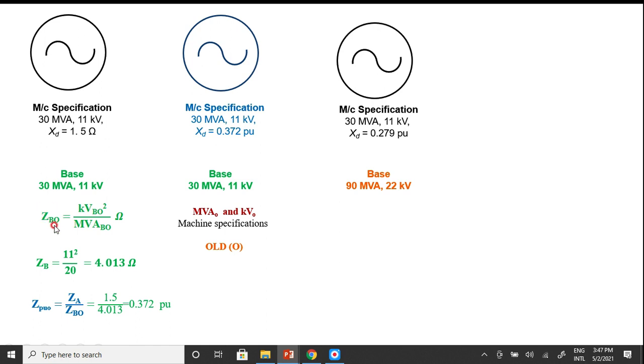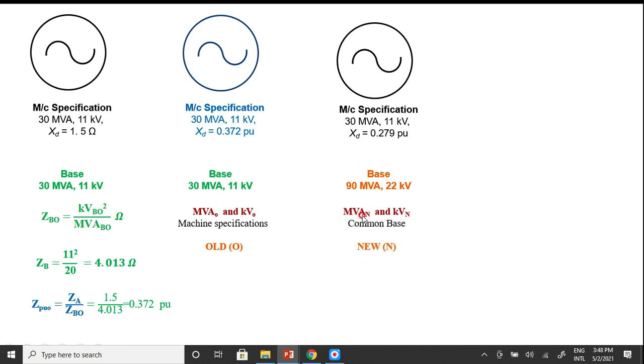Therefore, if we consider the machine rating as the base quantity, that is considered the old base quantity, accordingly I am changing the equation here, ZB old and ZB. Now, next step, the new base quantities are 90 MVA and 22 kV.